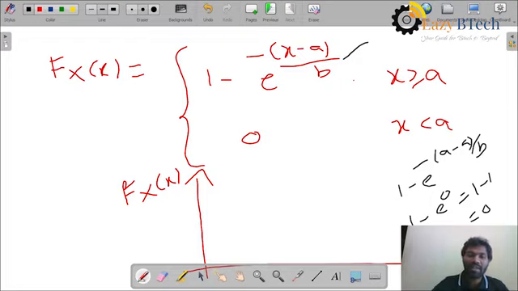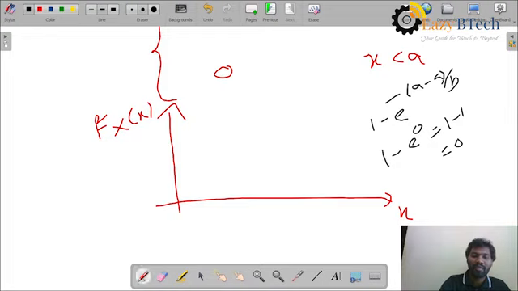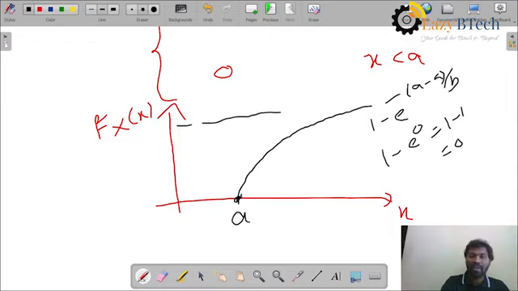So it starts at a value of 0 at x equal to a. As the value of x increases, slowly it increases, and at x equal to infinity it attains a value of 1.